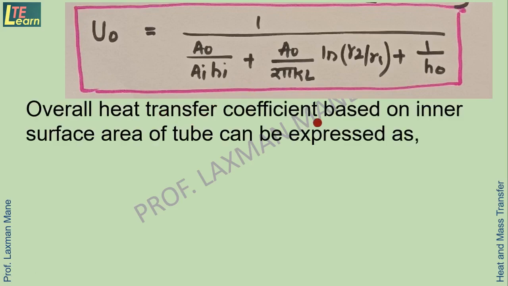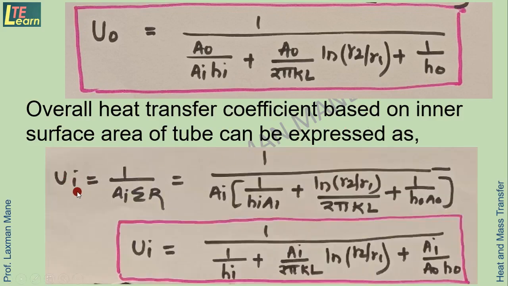Now the overall heat transfer coefficient based on the inner surface area of the tube can be expressed in the same way. For that, Ui is equal to 1 upon Ai summation of R. Summation of R is a bracket term. Now multiplying this Ai with each term, for the first term Ai gets cancelled, so 1 upon Hi remains.